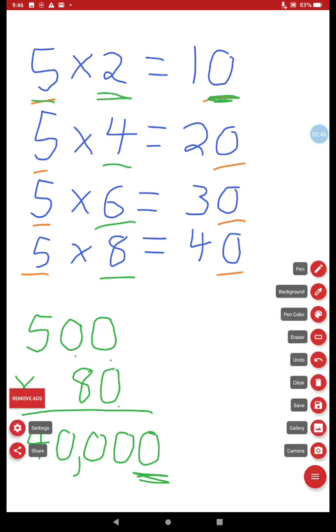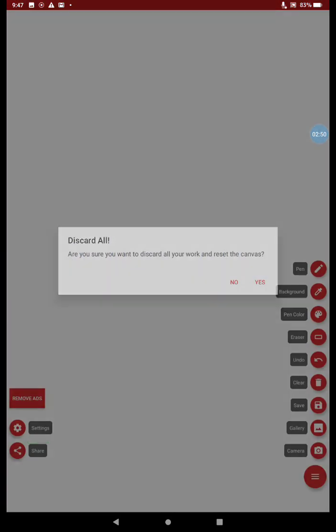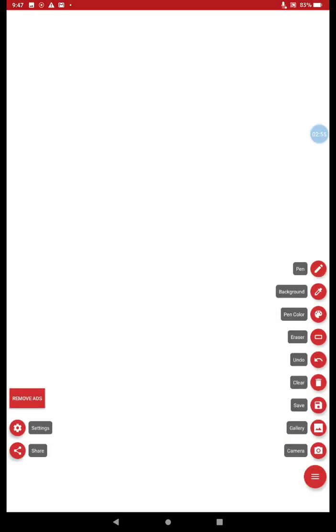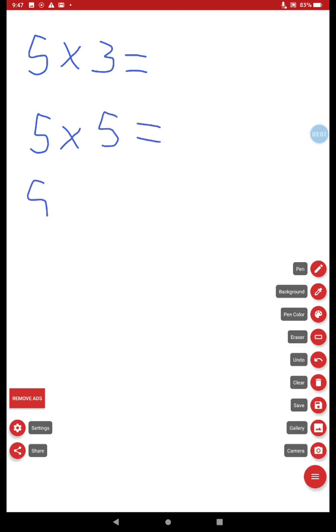Now let's take a look at a different way to look at that. Let's still stay with 5s. 5 times 3. 5 times 5. 5 times 7, and 5 times 9.